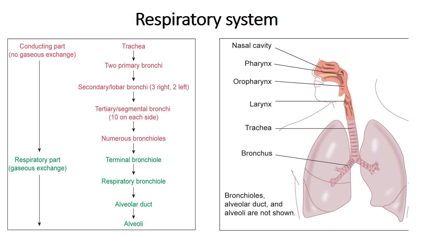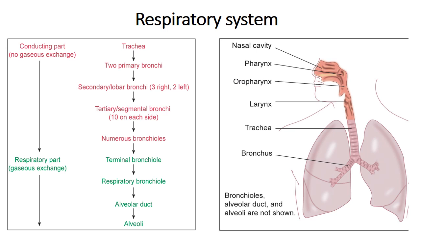The respiratory system is primarily meant for oxygenation of blood and it involves transport of gases into the lungs. Respiratory system has two parts. There is conducting portion and respiratory portion.